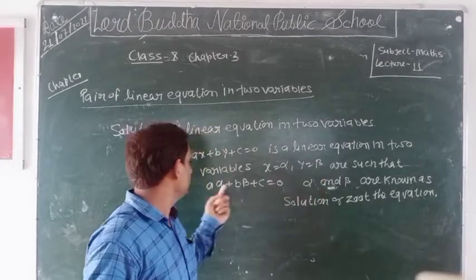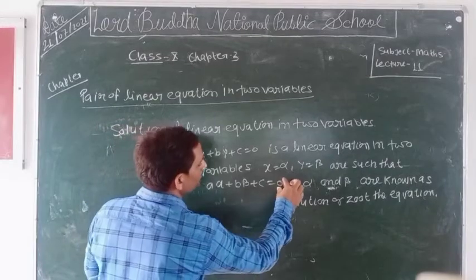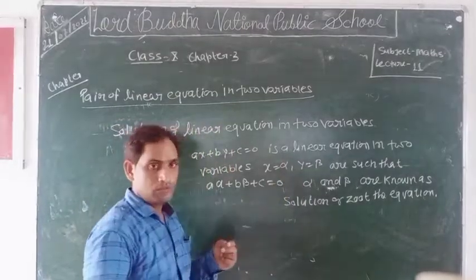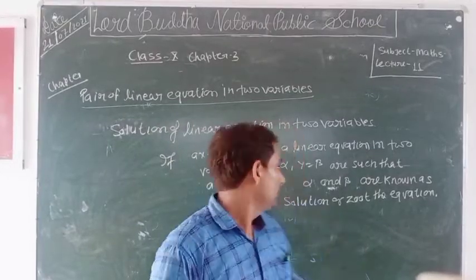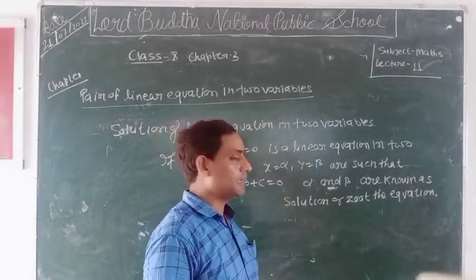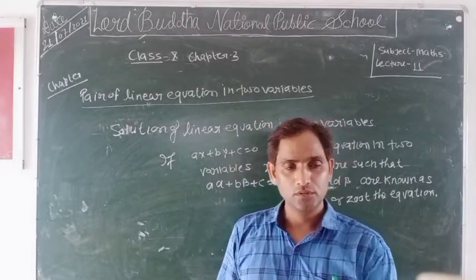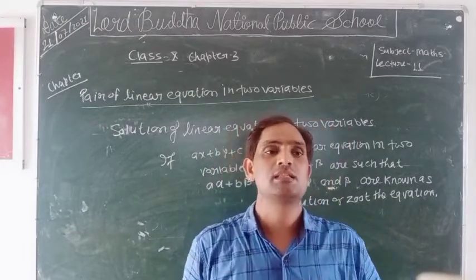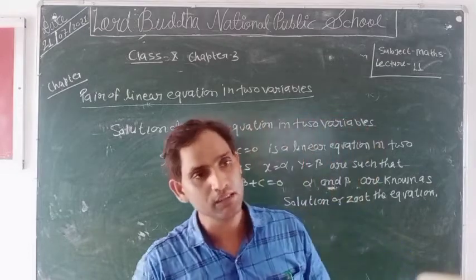When they are put in this equation in place of x and y, and the value becomes equal to 0, the right hand side, then alpha and beta are called the zeros of the linear equation, the solution of the linear equation, the roots of the linear equation.